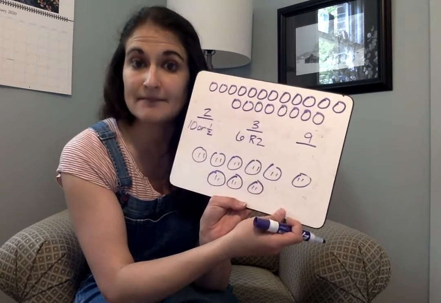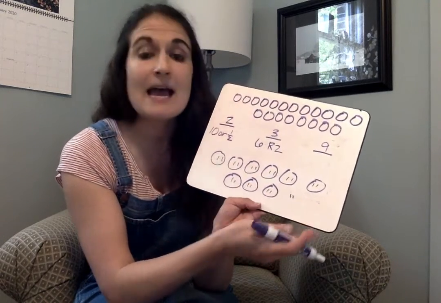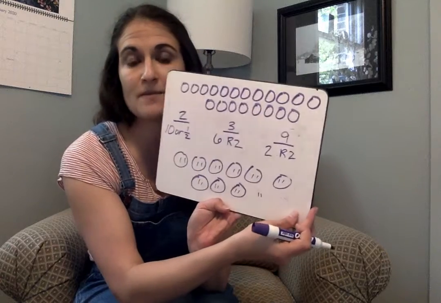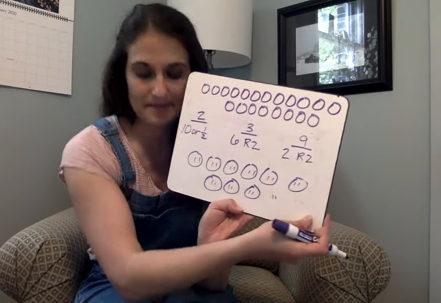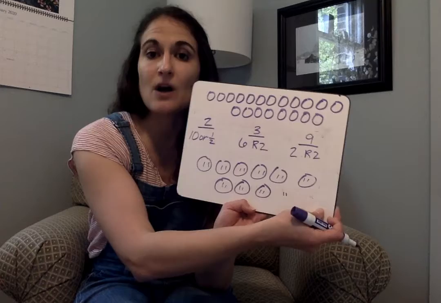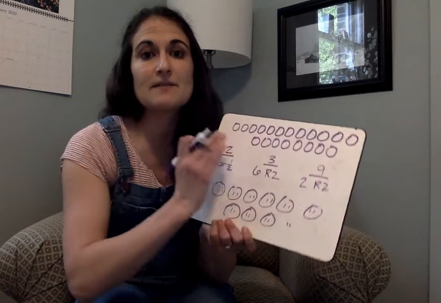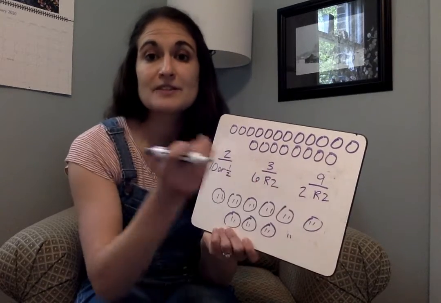So I get 18 again. I'm going to have 2 left over. Every person gets 2 pennies, and there's just going to be 2 left over. Remainder 2.